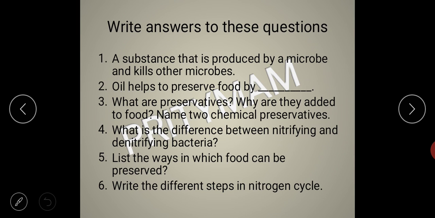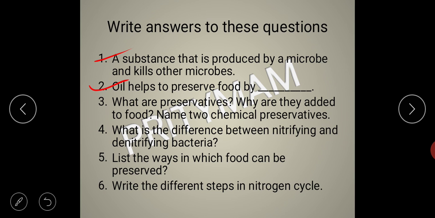Thus, students, we come to the end of the chapter number 2, and these are some of the questions that are attached for you to write in your notebooks. Let us discuss some of the questions. A substance that is produced by a microbe and kills other microbes, what is it called?